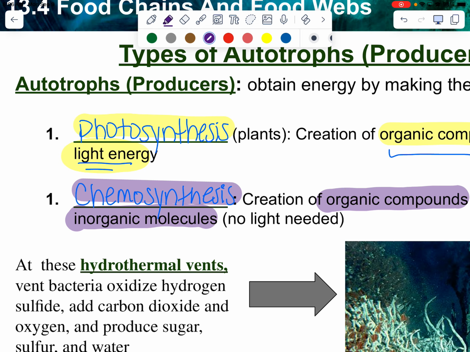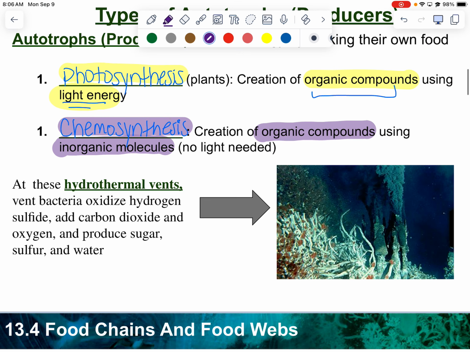So an example of chemosynthesis is the hydrothermal vents area of the deep sea. You can see that bacteria oxidize hydrogen sulfide and they add carbon dioxide and oxygen and produce sugar, sulfur, and water, and that is how they make their own food.